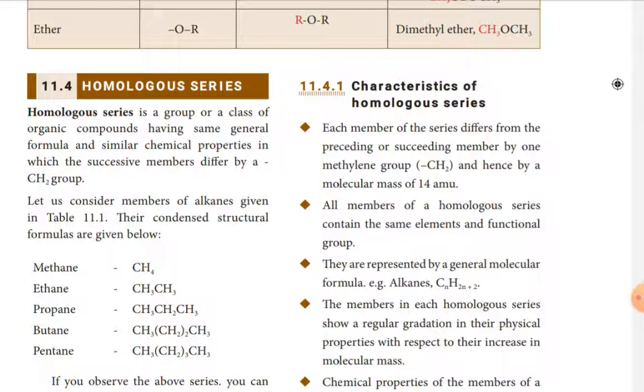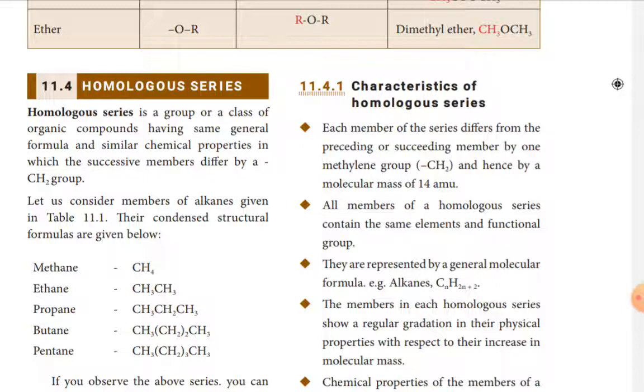Then third point, they are represented by a general molecular formula. We take a particular group of organic compounds, and their general formula is the same. For example, alkane. What is the general formula of alkane? CnH2n plus 2.